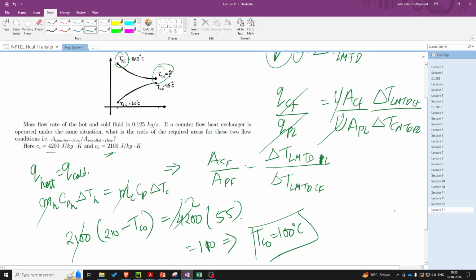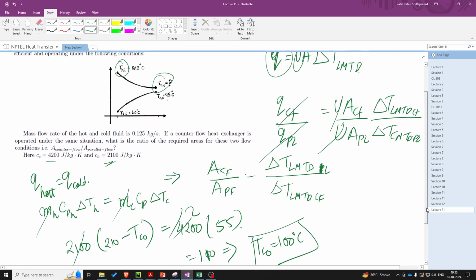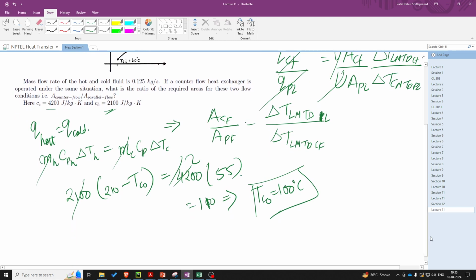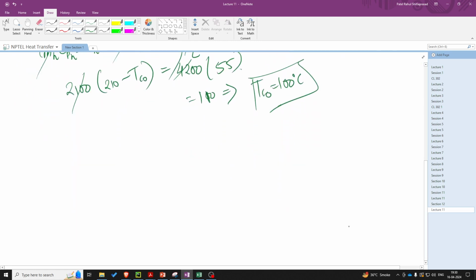Now, if you have to calculate the LMTD, let's consider case of counter current flow. If this is our hot fluid, this is our cold fluid.